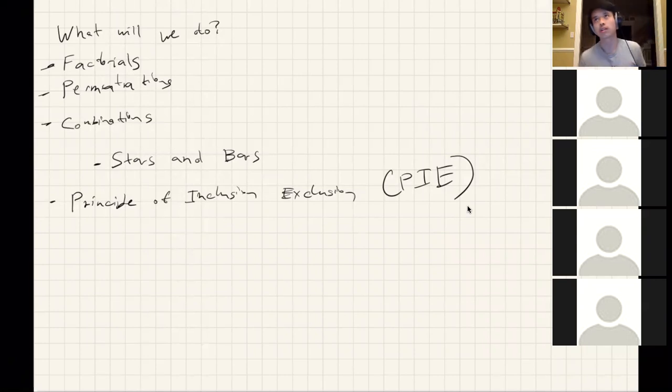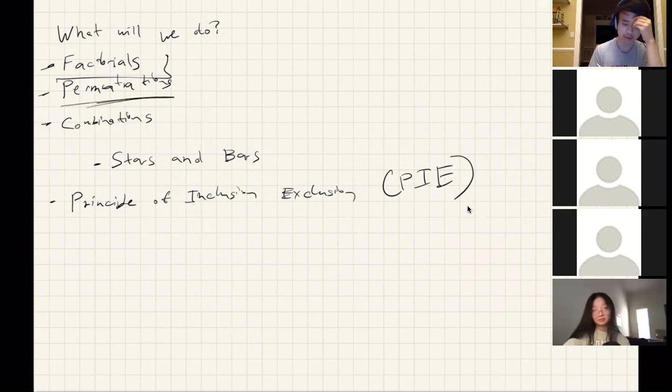Today we will first review factorials a little bit, in case you don't know what factorials are. Factorials are essentially the main component of counting permutations. Permutations are ways of counting things where the order of the things counted matters, and combinations are ways of counting things where the order of the things counted does not matter.